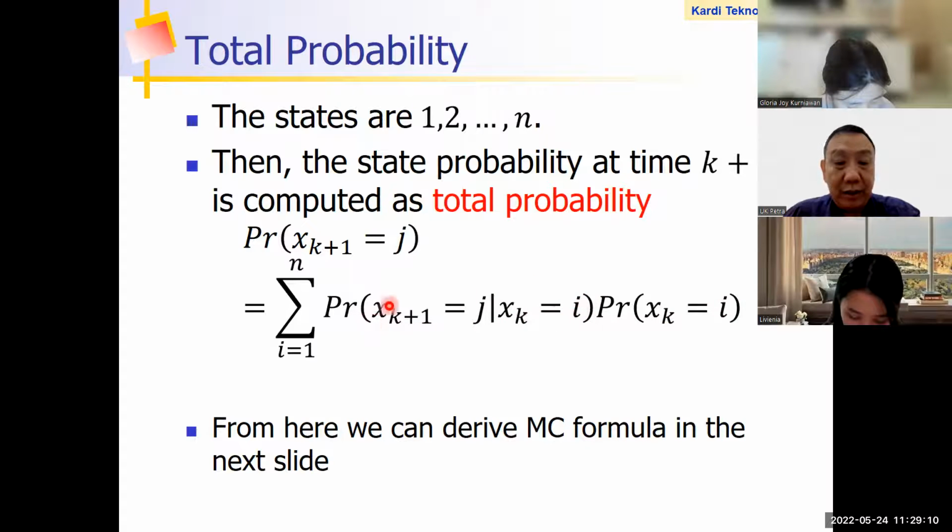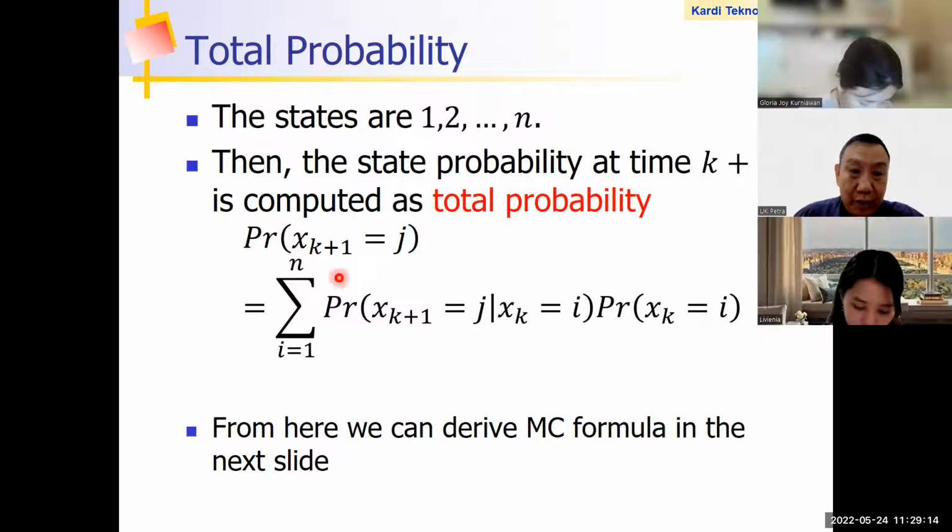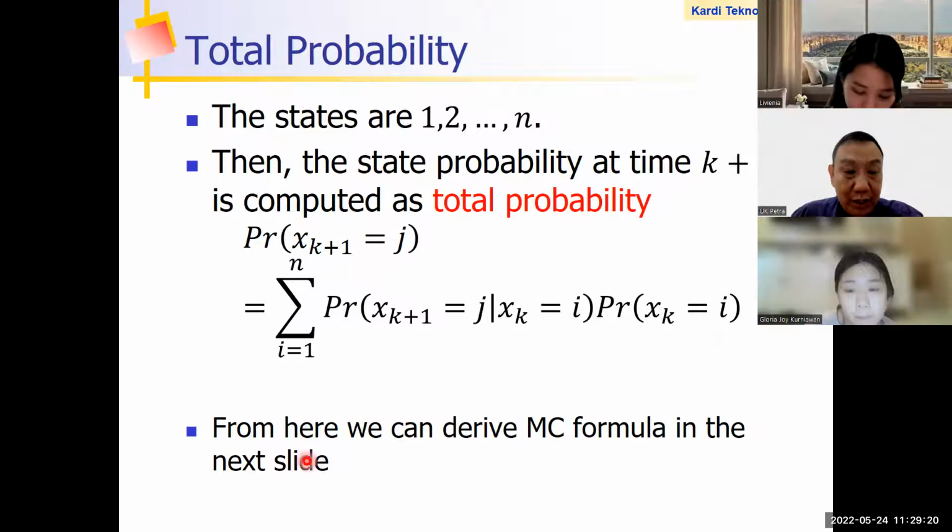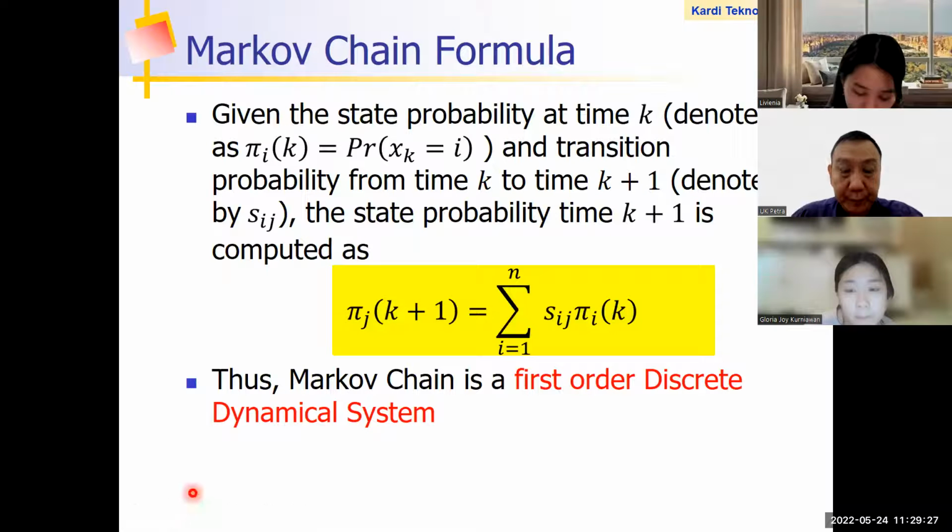So you can calculate this, right? Then you can sum, right? This is the sum of the part. Okay. From here, we can derive the Markov chain formula. Yeah? So this is the Markov chain formula. Can you see?